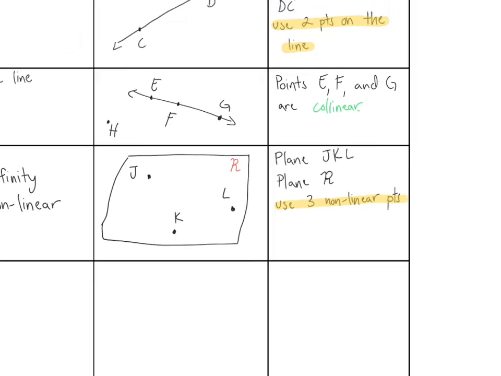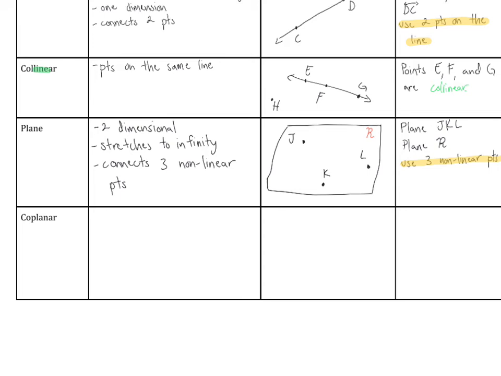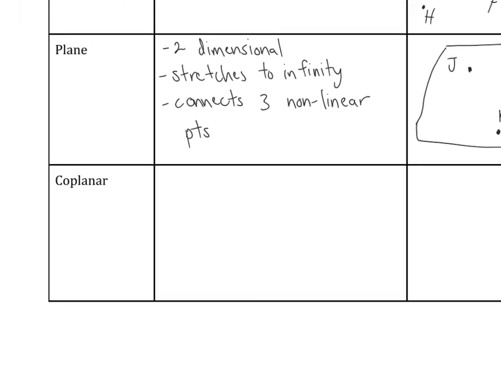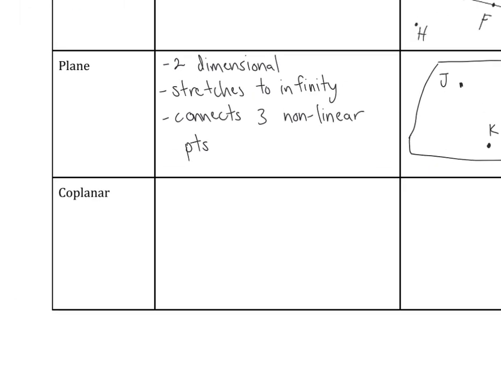All right, the final vocab for this list is coplanar. I'm hoping that from how I said it, the words co and planar should signify to you that this word means that you have points on the same plane.